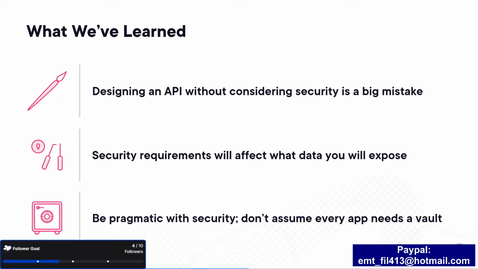Don't assume every app needs to be on an unplugged PC off the internet, because that's the only way to really keep it completely secure. You need to think about what is the risk of security failing? What is the risk of people getting in and getting at security information, as well as the complexity for the people using your API to handle authentication.